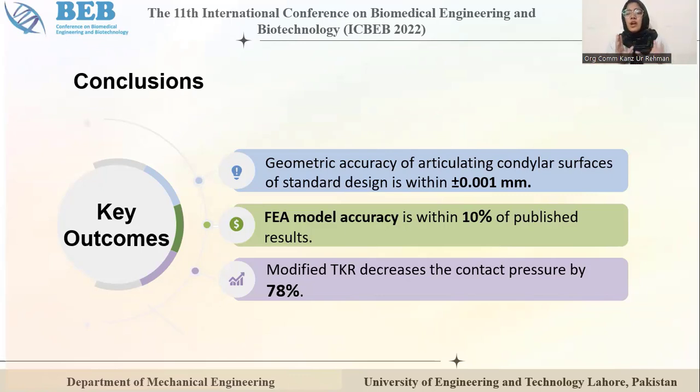Thirdly, we concluded that the modified TKR design not only more closely matched the anatomic strain and stresses of an actual knee, but it also decreases the contact pressure by 78% compared to the contact pressure of the standard design.